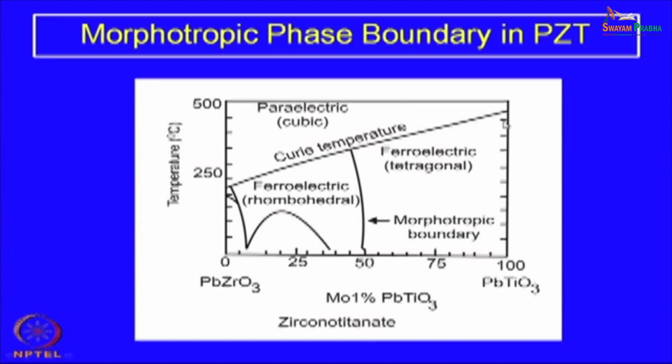Incidentally, the Curie temperature of lead titanate is very close to 500 degrees, whereas that of lead zirconate is only around less than 250 degrees centigrade. So, this is the variation of the Curie temperature and this is the polymorphic phase transformation, that is ferroelectric rhombohedral to ferroelectric tetragonal, and that is what we designate as morphotropic phase boundary.